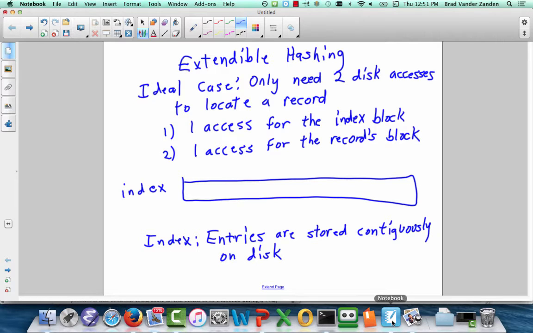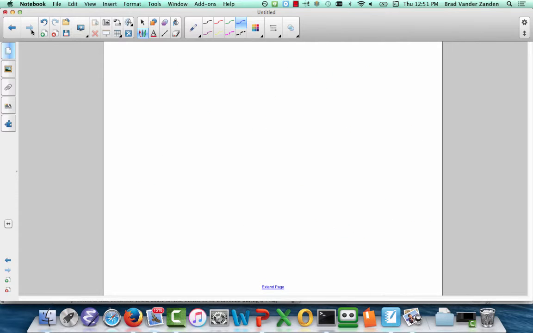And that's going to allow you to do a computation that gives you the disk address for the index block you need.